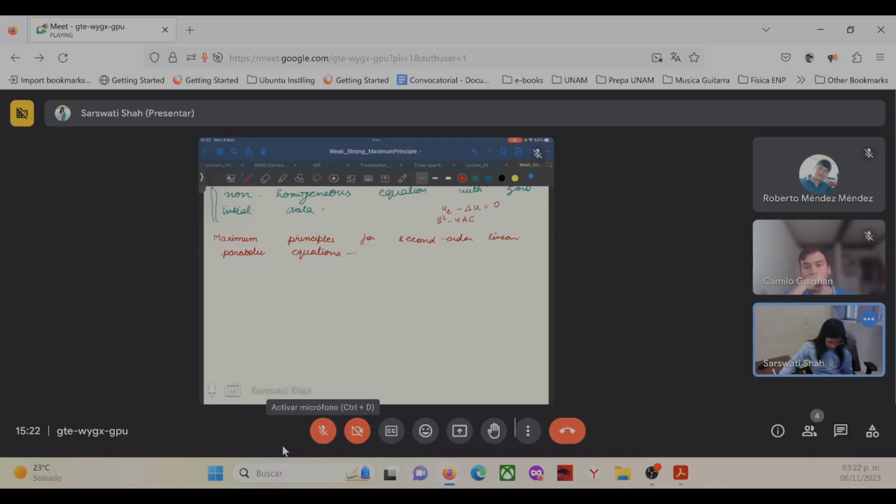Suppose you are talking in one dimension, so u_t minus u_xx equals to 0. So the coefficient of u_tt is 0. The coefficient of u_xx, a is 0, c is minus 1. And b is the coefficient of u_tx, that is 0. So b squared minus 4ac is going to be 0, so it is parabolic. Always keep this in your mind.